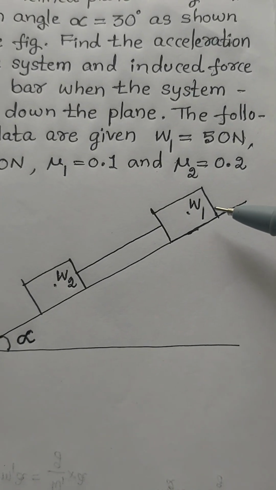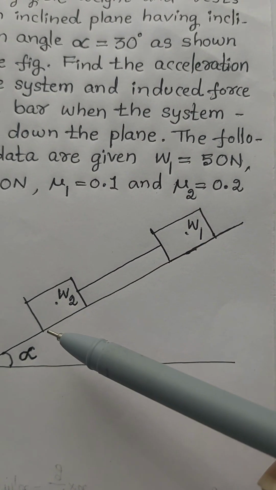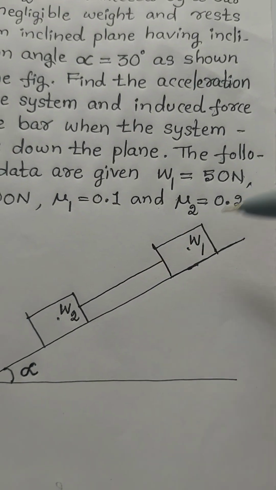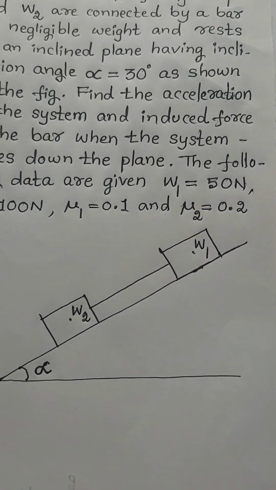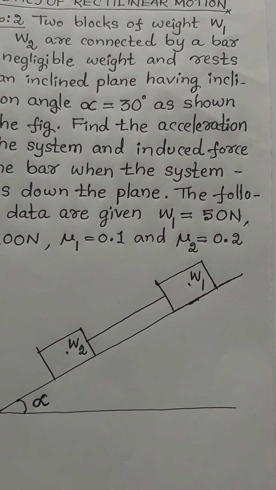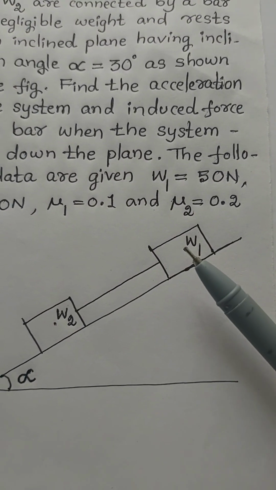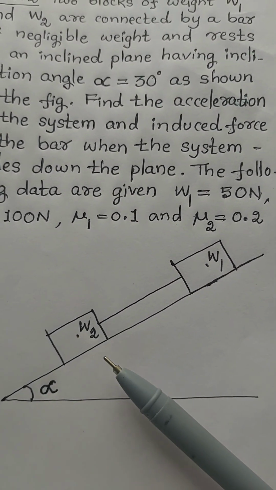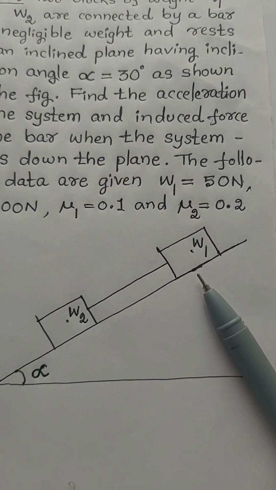While these blocks are sliding down the inclined plane, at the contact surface, frictional force will be generated opposite to the direction of sliding. Sliding takes place in this direction, so frictional force is directed in this direction. At the contact between W1 and the inclined surface, and W2 and the inclined surface, we have to introduce normal reaction force perpendicular to the contact surface.